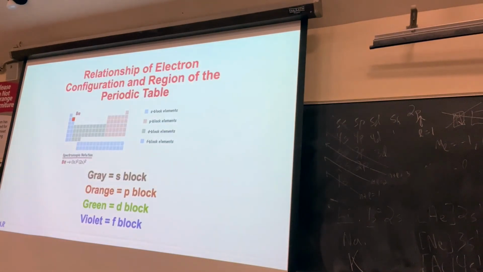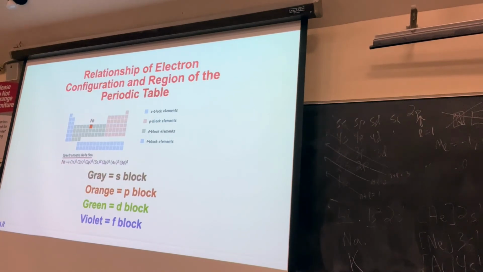Okay. So this S block, P block, D block, F block thing can be really helpful. We already saw that the 2 left columns, which includes helium in this discussion, are the S blocks because you're filling in S electrons. The 6 columns on the right are the P block.